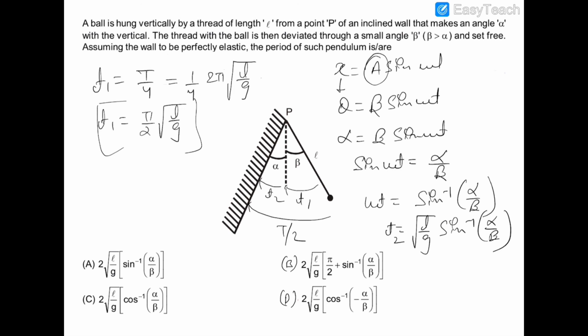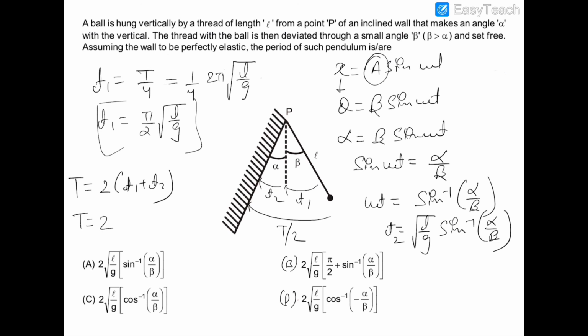This is time T2. Now the total time period will be twice of T1 plus T2, because T1 plus T2 is only the time which is half of the complete oscillation. So this is T1 plus T2, and the time to return back will be T1 plus T2. So the total time period will be twice of T1 plus T2.